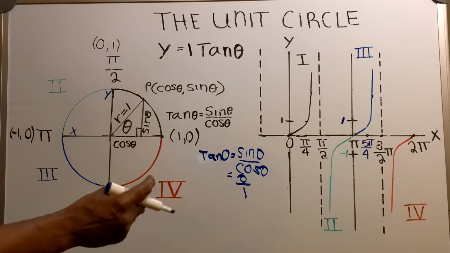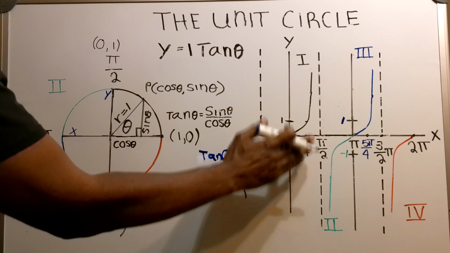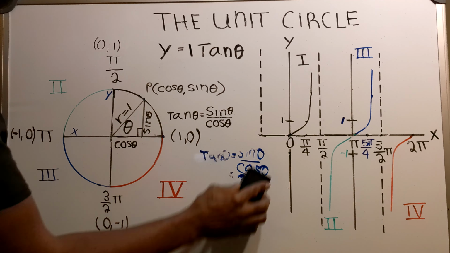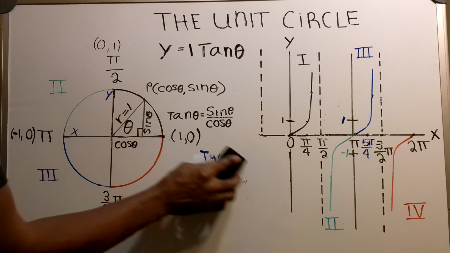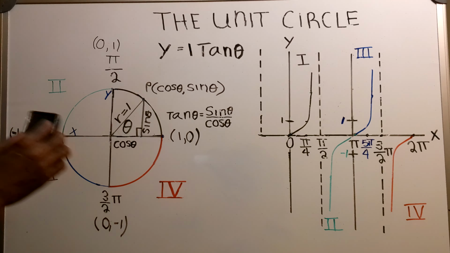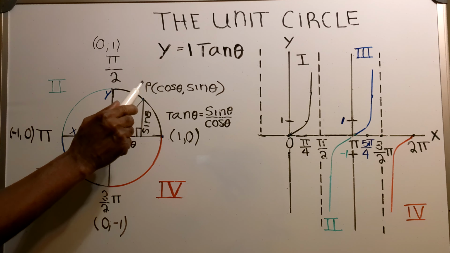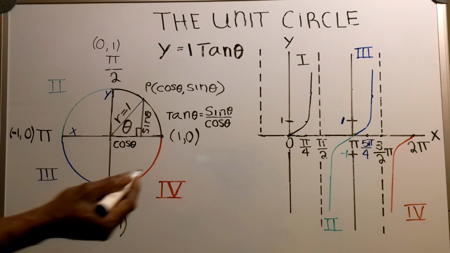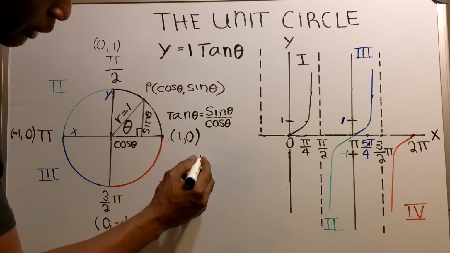Okay, now what's going on right here with pi over 2? Why is it that the point P never really reaches pi over 2? Okay, let's take a look at that.